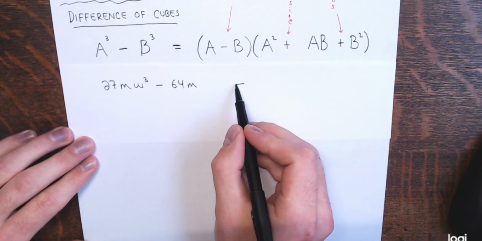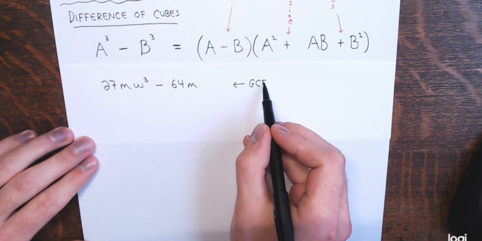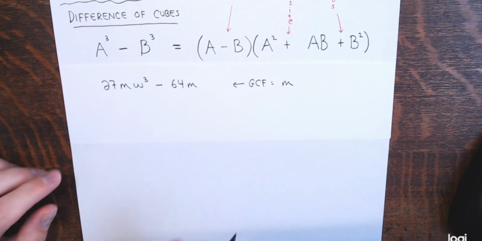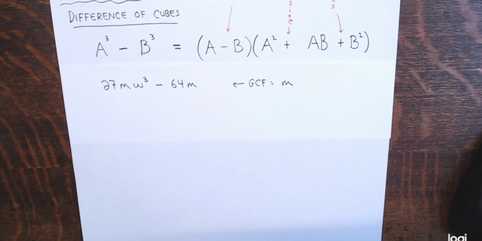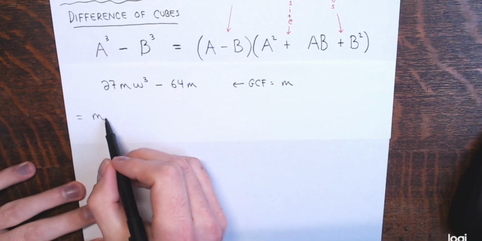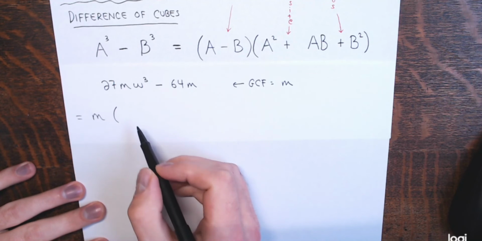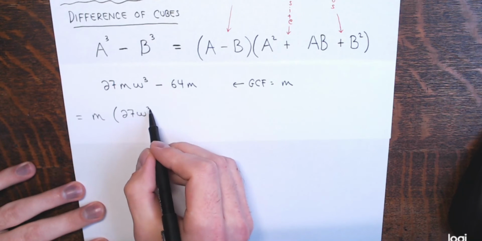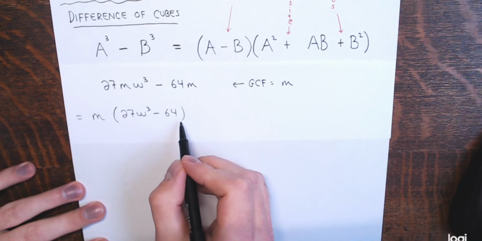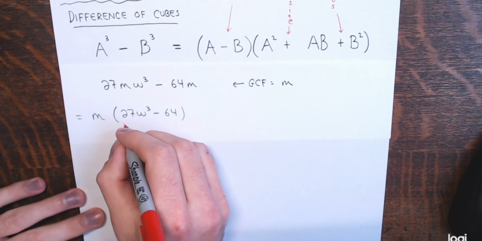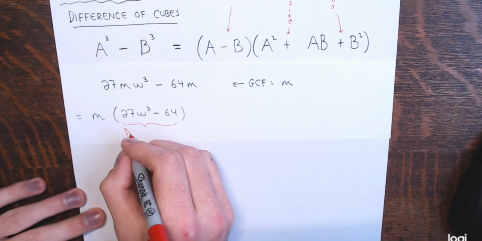The greatest common factor of these two terms is m, because 64 and 27 don't have any common factors. So I'm just going to pull m out first. And then if I remove the m, then we have 27w cubed minus 64. And this factor left over in the parentheses here is going to be a difference of cubes.